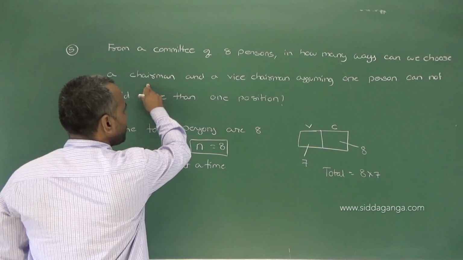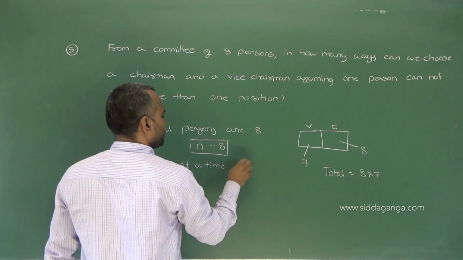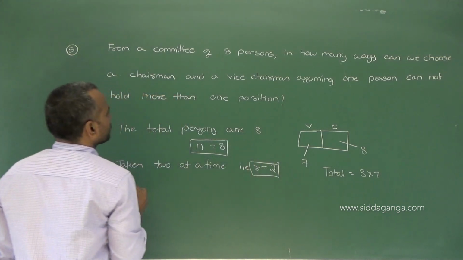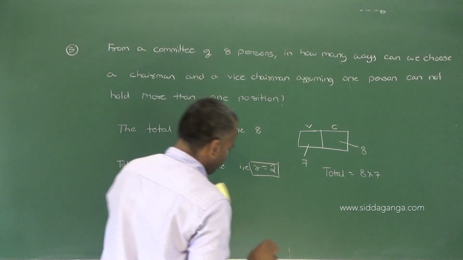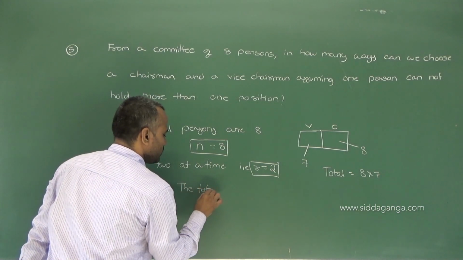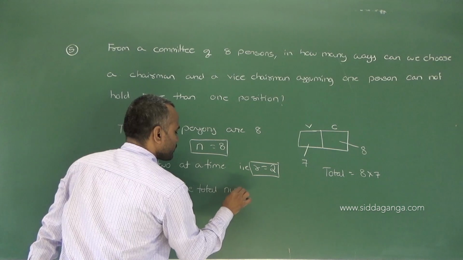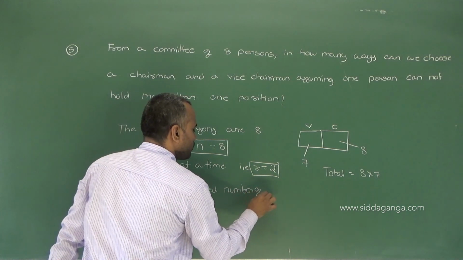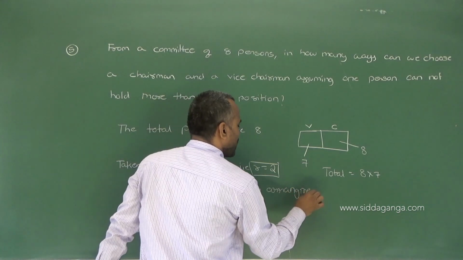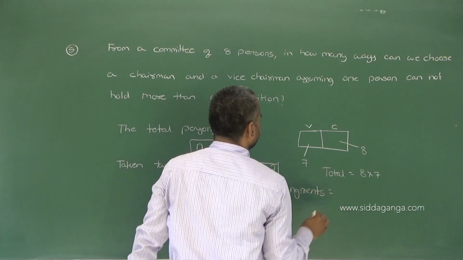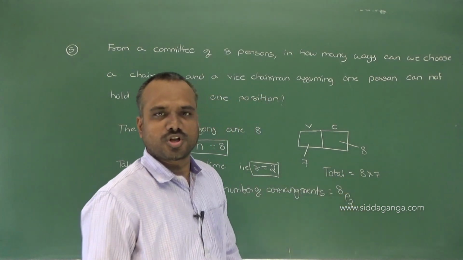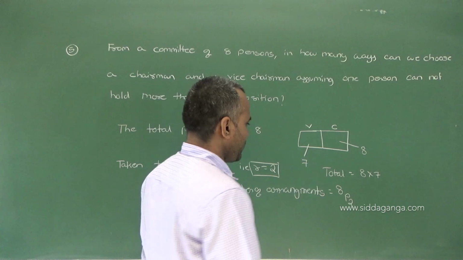One is chairman, another one is vice chairman. That is R is equal to 2. Required number means the total number of arrangements, which is nothing but 8P2.